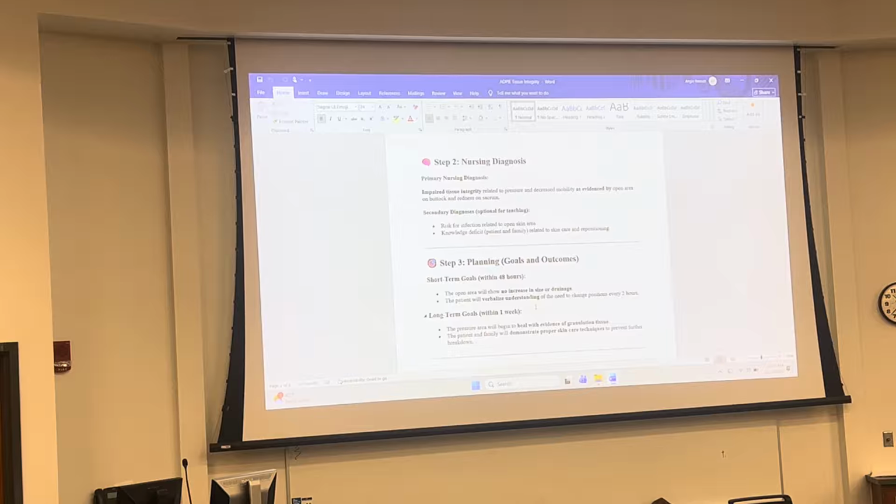Okay, and then knowledge deficit is a nursing diagnosis or problem that you can attach to any patient problem. Next semester specifically, you'll have a whole lecture on patient teaching and all the steps that you follow and how you document and all those things. But knowledge deficit, related to medication or activity or whatever it might be.